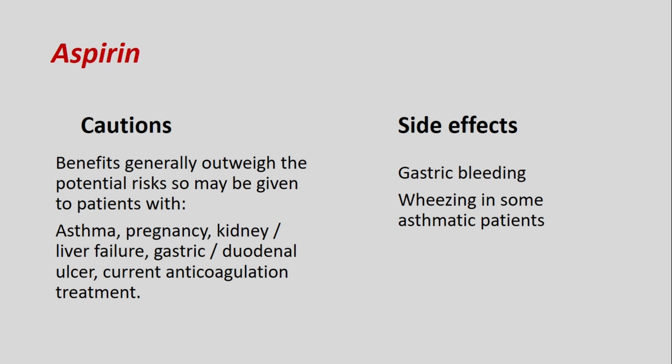So when we take aspirin, by irreversibly blocking this cascade, it can lead to things like gastric irritation and a decrease in the anti-inflammatory prostaglandins, leading to pro-inflammatory leukotrienes being released, resulting in side effects such as gastric bleeding and exacerbations of asthma, and why we must always give medication cautiously in these patients.